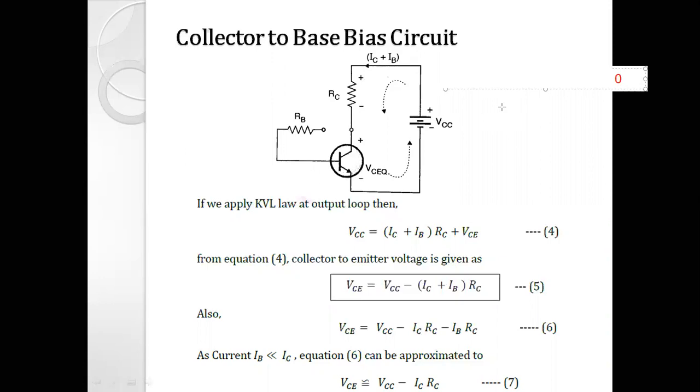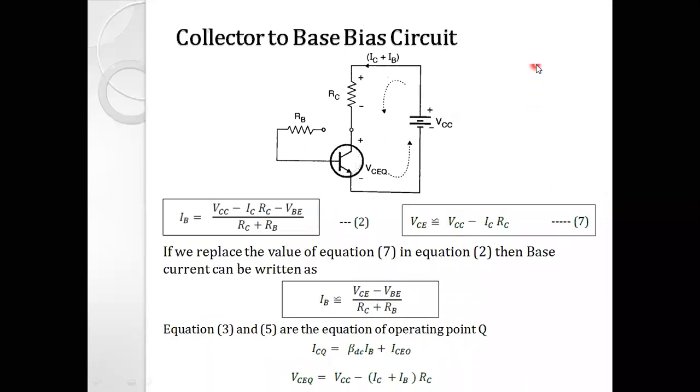Because of the small value of the base current, for simplification, sometimes we may neglect the magnitude of IB. When we neglect IB, IB RC becomes 0, and equation number 6 results in equation number 7, that is VCE is approximately equal to VCC minus IC into RC. Equation number 7 is the second coordinate of the operating point, right?